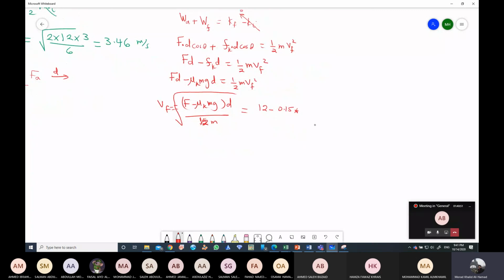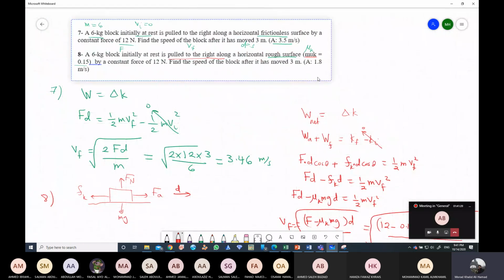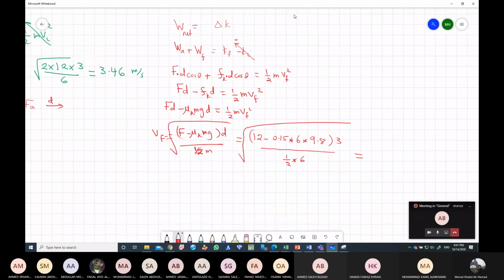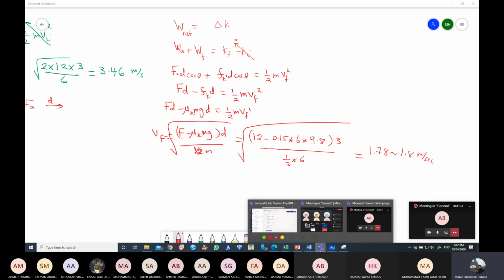Yes, 6, times 9.8, all times d, which is 3, over half times 6, under the square root. What answer do you get, guys? 1.783. 1.78, which is equal to about 1.8. Almost. So our answer is 1.78, or approximately 1.8 meters per second. Clear, guys? Okay, thank you. Let me stop the recording.